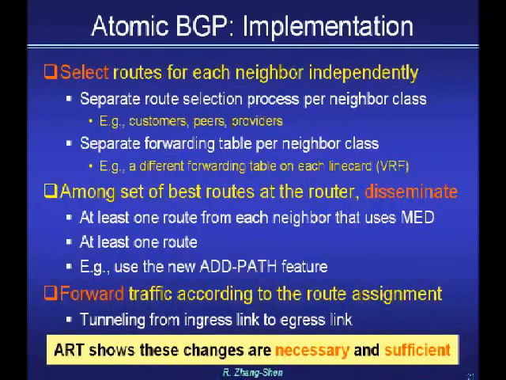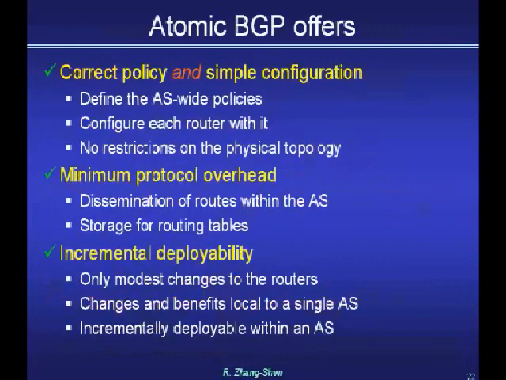So that's all good. And to summarize, atomic BGP has many advantages. First, it can implement any policy correctly, and it has the added benefit of simpler configuration. Because now policies are defined in terms of ASs and not in terms of individual routers.